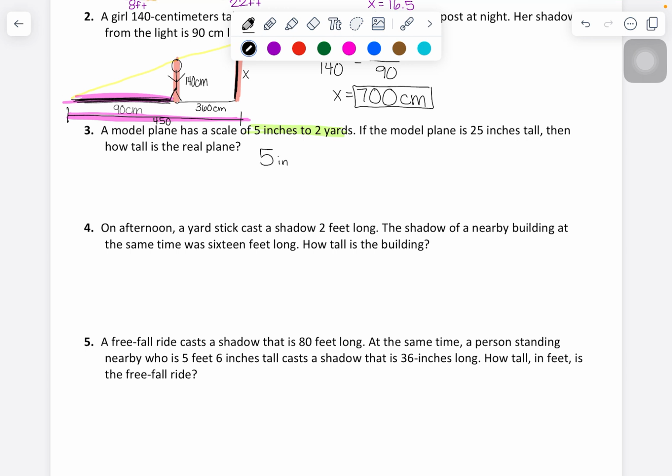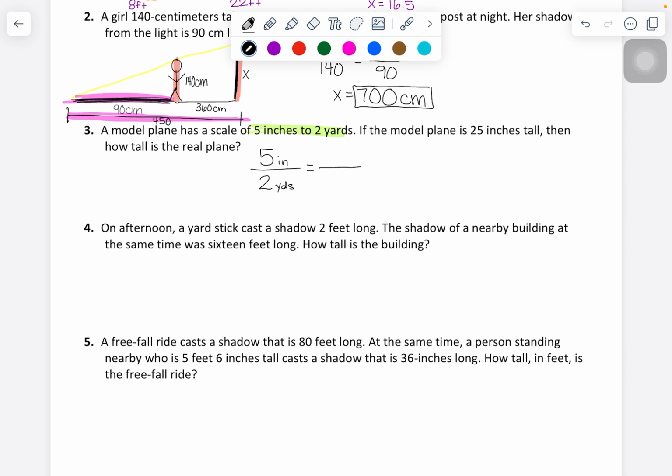Now, one of the things I do in these ones is for my initial proportion, I just write in what is my units, because that helps me with the other side. The other side has to work with units in corresponding places. Otherwise, it's not really gonna work.